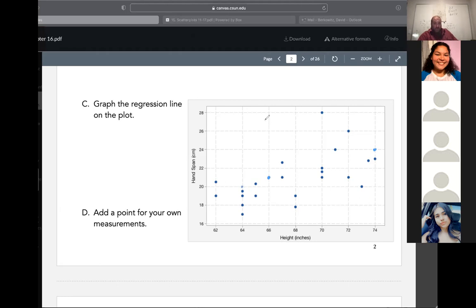Lovely. So I have two corners, and this is the best fit line.